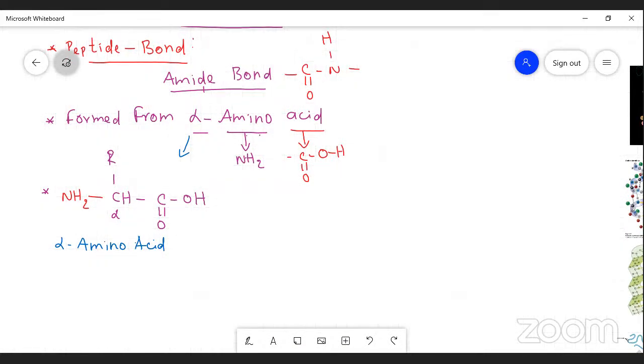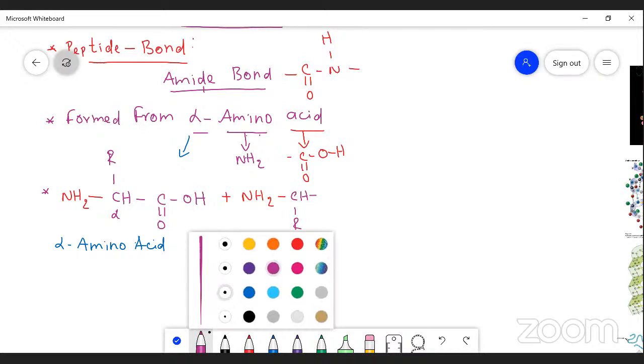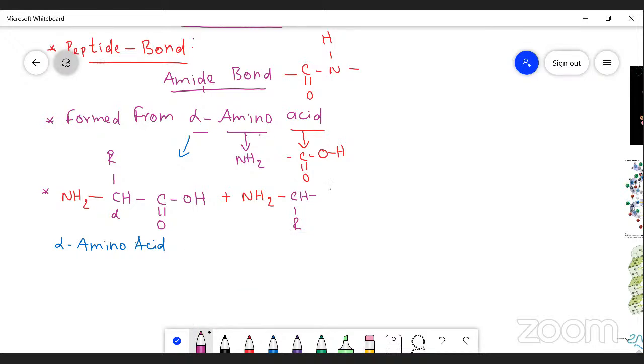Now an alpha amino acid is taken here, with COOH and NH2, and it reacts with one more amino acid: NH2, CH, R and COOH, which is C double bond O and OH group.